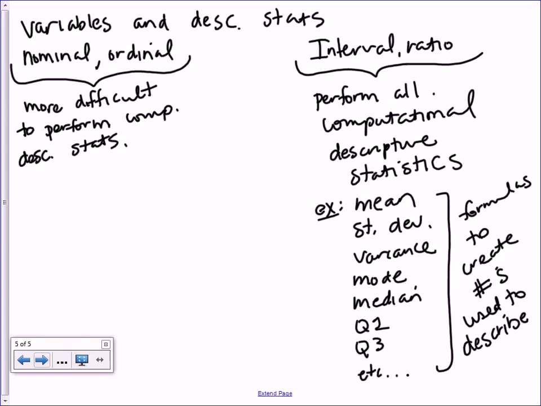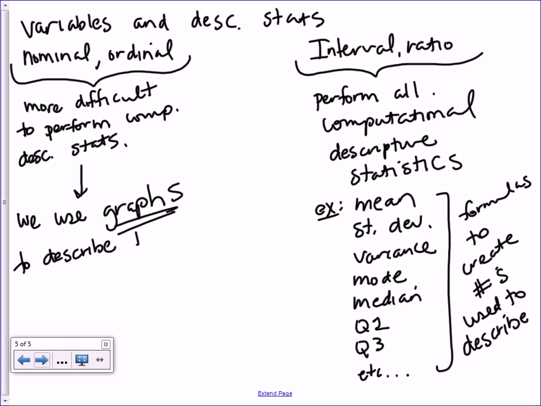And typically what we do is we use graphs to describe the data. So on this side over here, we use formulas, and on this side over here, we use graphs. So there are 2 different types really of descriptive statistics, graphical representations and computational.